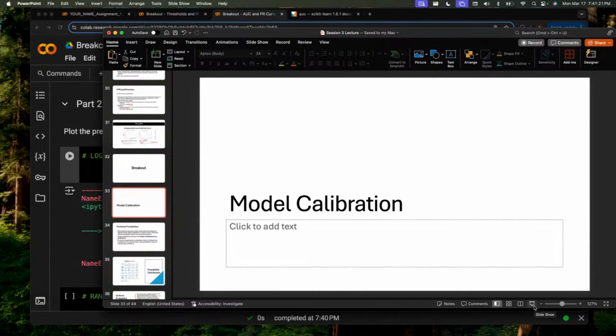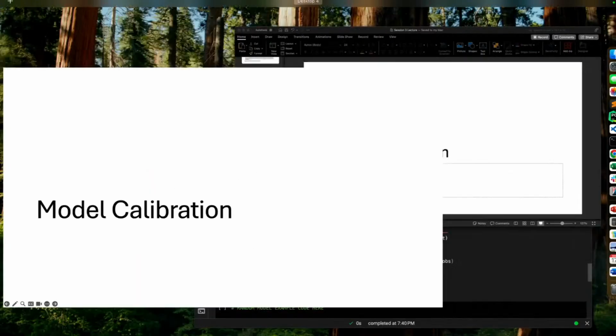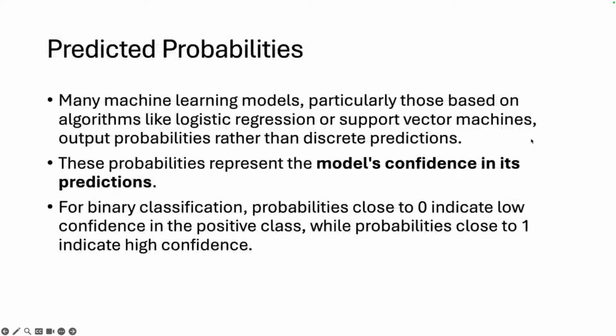Let's dive into our last topic here, model calibration. How does that sound? All right. So now that we talked about the predicted probabilities that are output by machine learning models, we can start to talk about an important piece, which is interpretation.